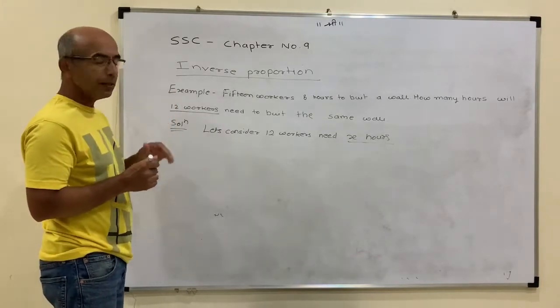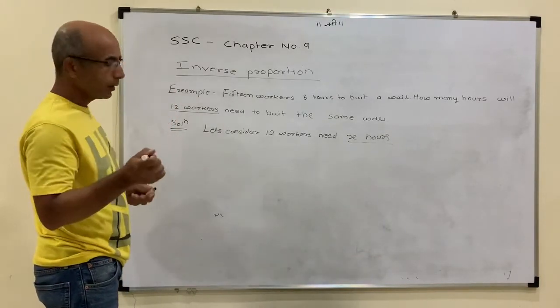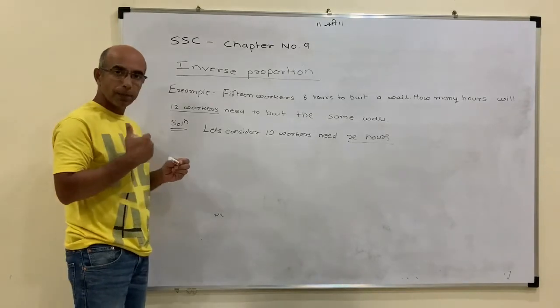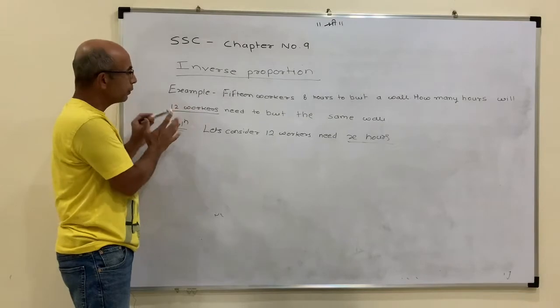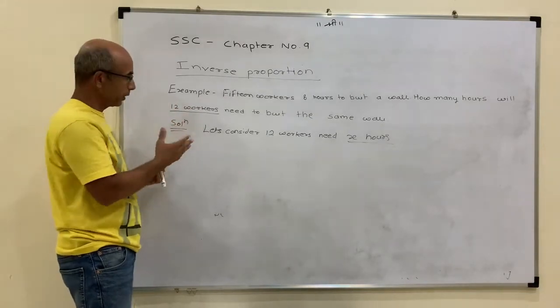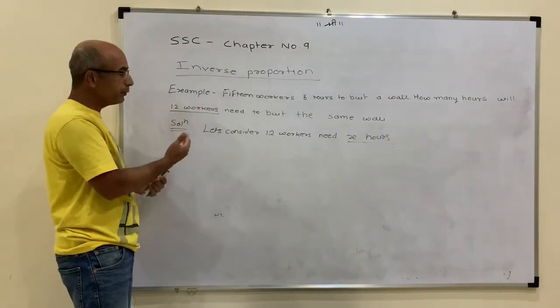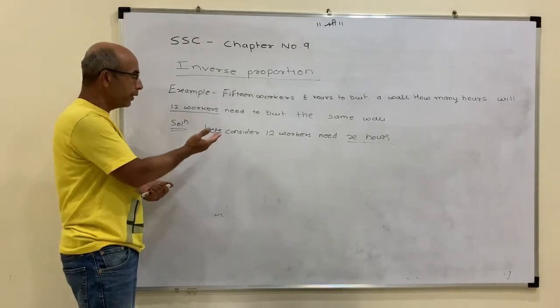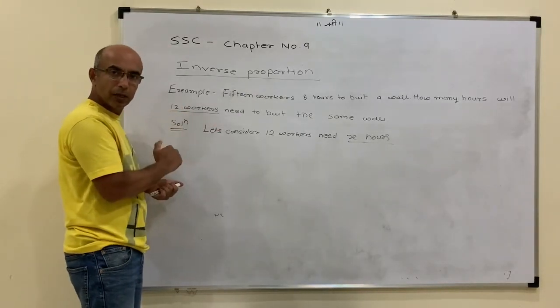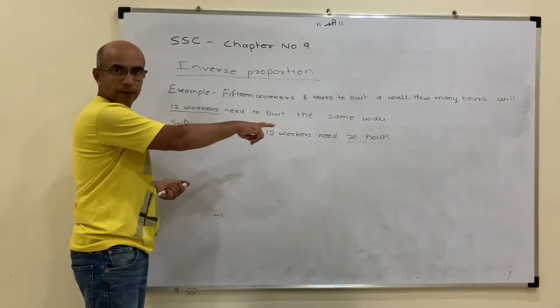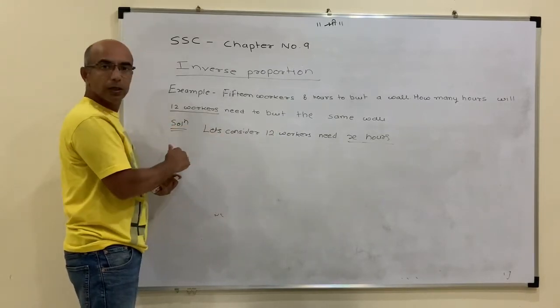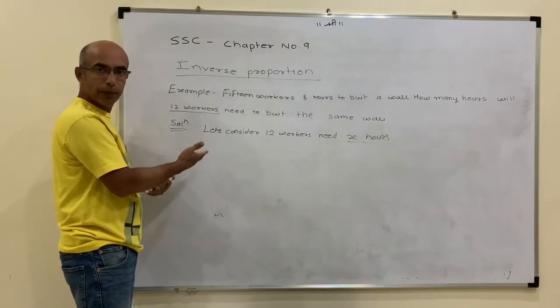Now we have considered that 12 workers will need x hours. To build the equation, as I mentioned in the previous part as well, this kind of word problem we solve in 2 stages. The first stage is when we build the equation, and the second stage is when we solve the equation for x. You must have seen in the other chapter how to build the equation.